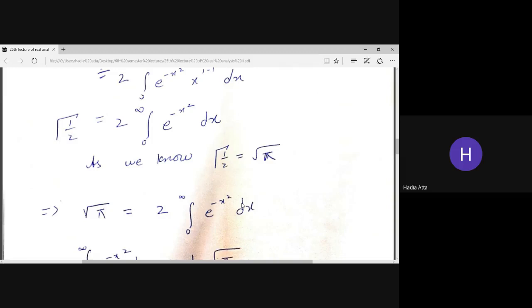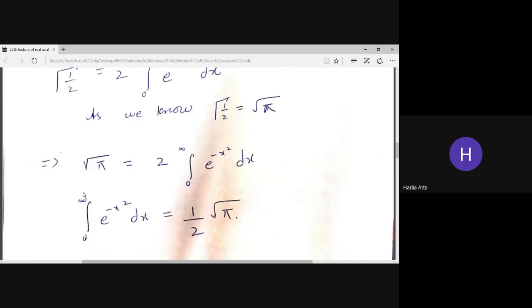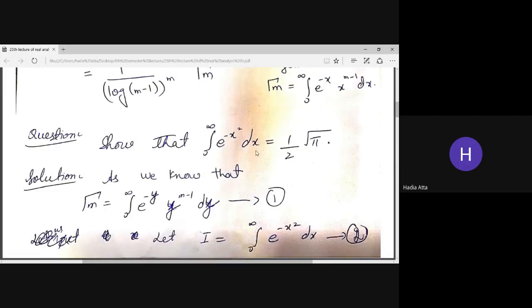Now move that 2 towards the left hand side. So your desired answer, integral 0 to infinity e raised to the power minus x square dx is equal to what? That is equal to 1 by 2 under root pi. And that is the result we had to prove. So hence proved.